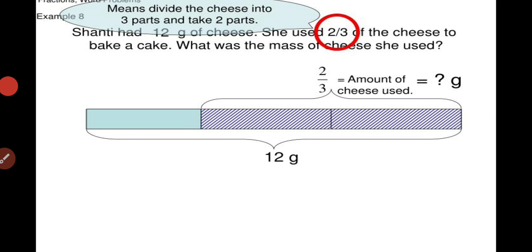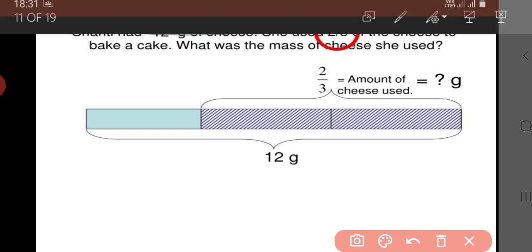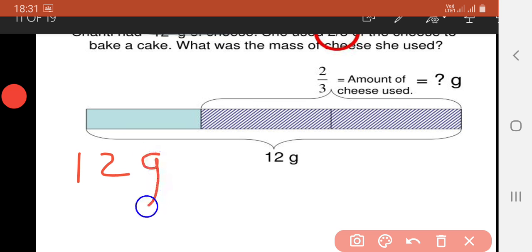Next question is, Shanti had 12 gram of cheese. She used 2/3 of the cheese to bake a cake. What was the mass of the cheese she used? Here the total weight of the cheese is 12 gram and 2/3 part.